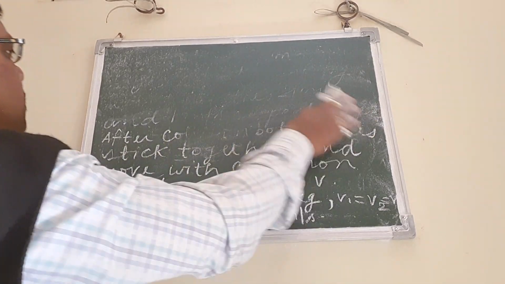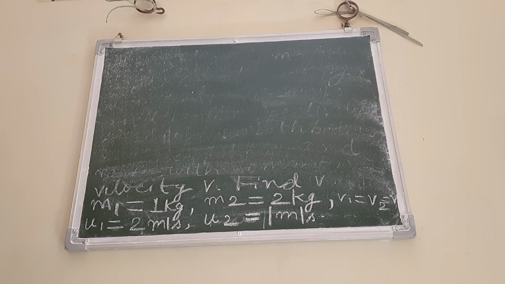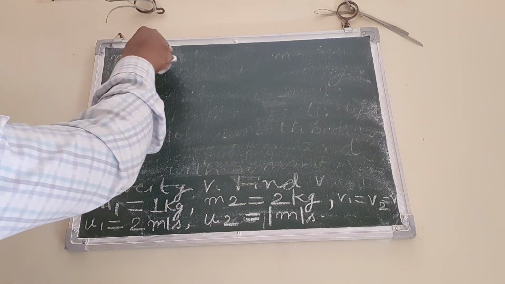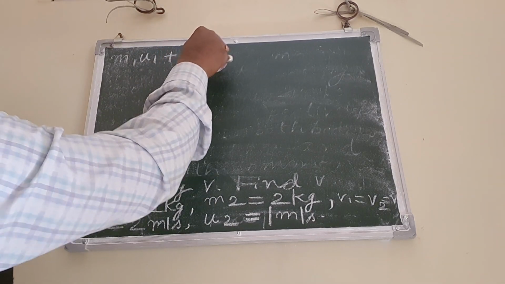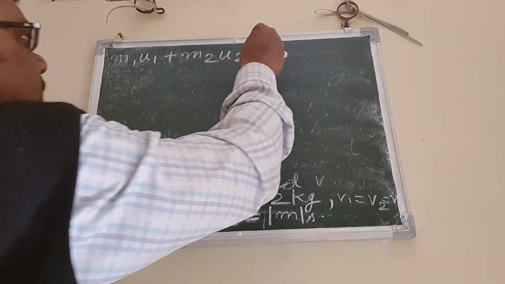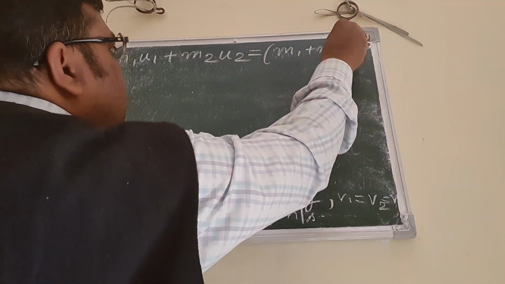According to the law of conservation of linear momentum, we can write m1 u1 plus m2 u2 equal to m1 plus m2 into v, as they are moving with the final common velocity. Substituting the values: 1 into 2, plus 2 into 1, is equal to 1 plus 2 into v.